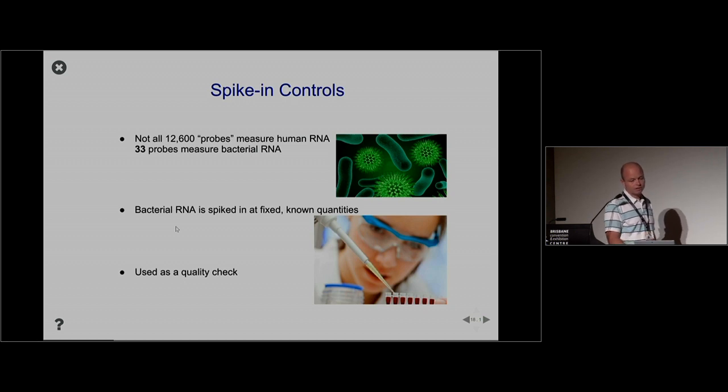We look at the probes associated with those spikes, and we check to see that it's basically what it should be. And if it's not, we throw out that microarray. So that's what the spike-in controls are on a microarray. We're not going to use them just to identify bad arrays, though. We're going to use them to actually clean up the data.